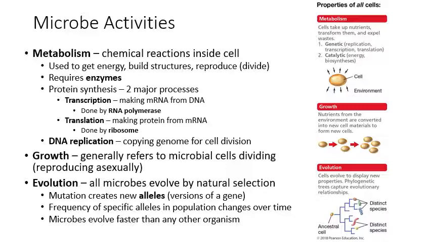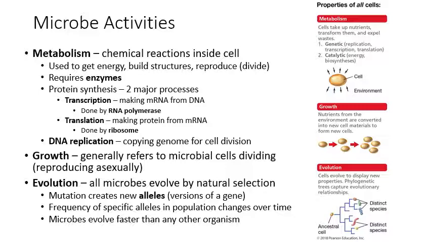So over time, you're going to see the frequency of alleles in the population change, which would mean how many individuals in the population have that specific allele. That number is going to change over time, driven by natural selection. If you have a beneficial allele, you're probably going to have more individuals that have the allele as time goes by. If it's a harmful allele, then probably as time goes by, fewer individuals will have it. And so the population will change in that way, and that's evolution.